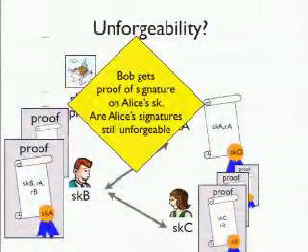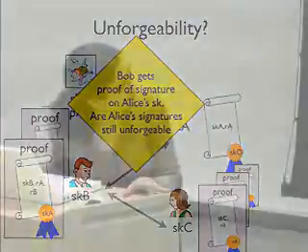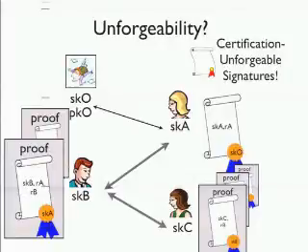And so it turns out that we actually have to define a special unforgeability property for the signature scheme, which we call certification unforgeability. And it was actually quite a challenge to come up with signature schemes that are amenable to these Groth-Sahai proofs, and that meet this certification unforgeability property.